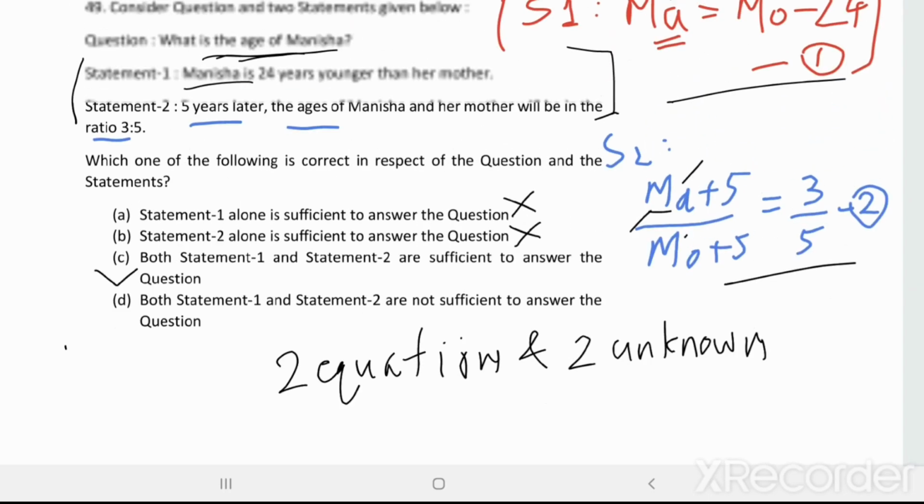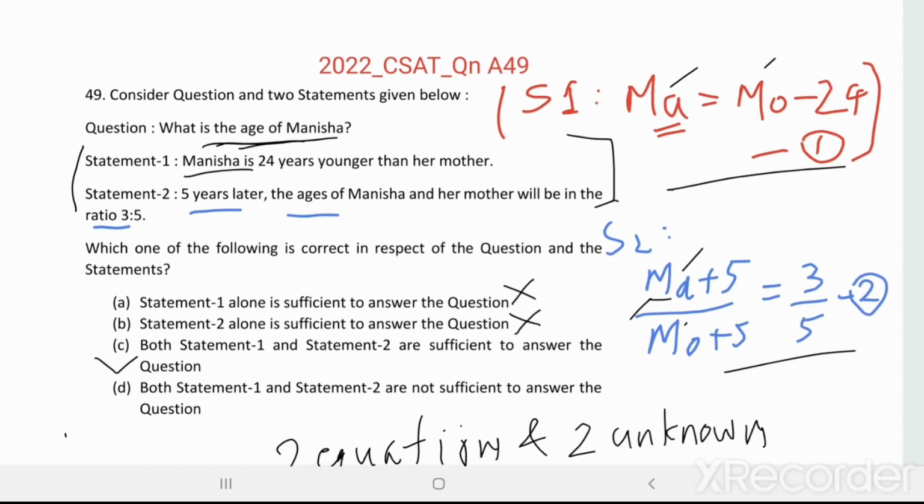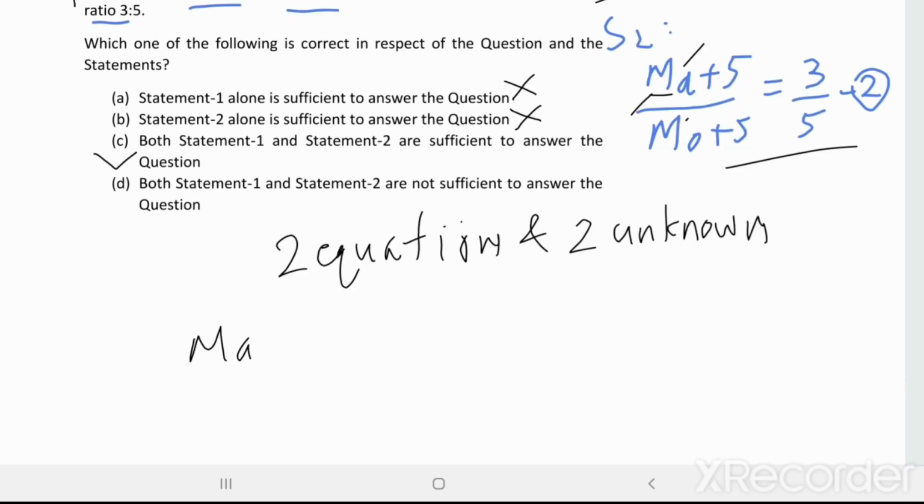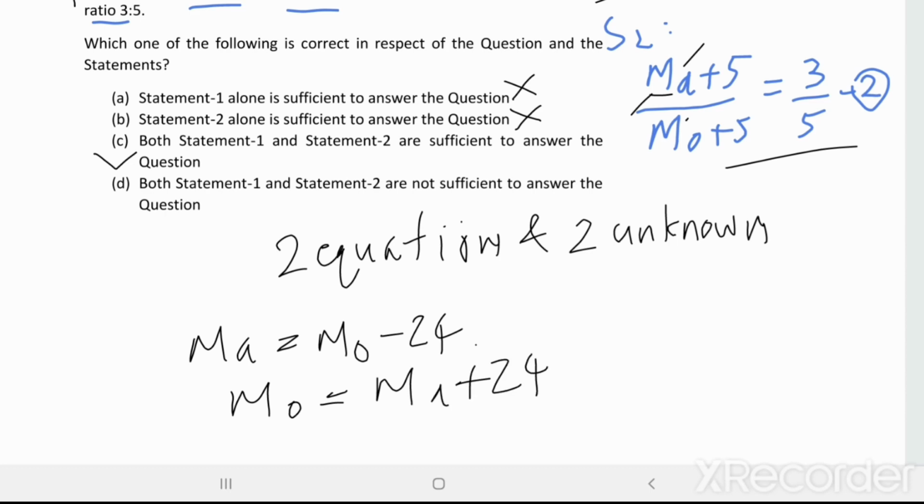From the first equation, MA equals MO minus 24. From here, mother's present age MO equals Manisha's present age plus 24. Put the value of MO in the second equation.